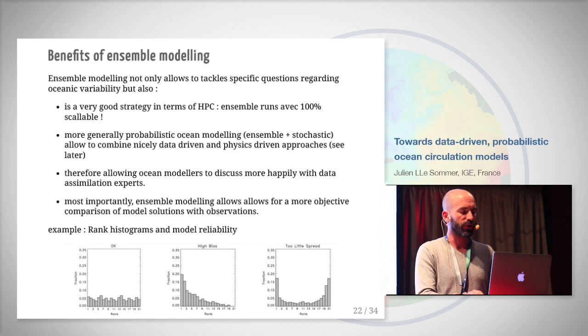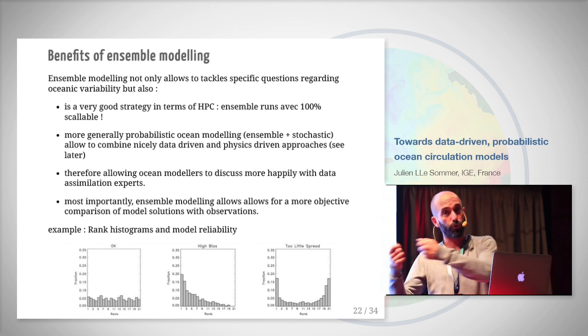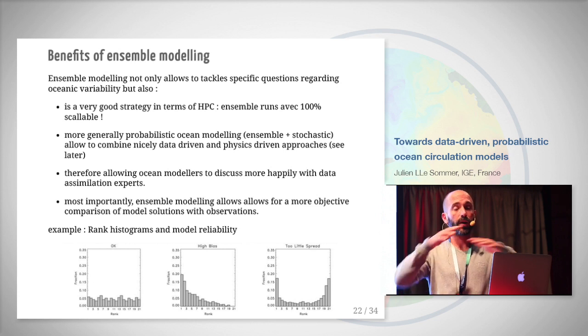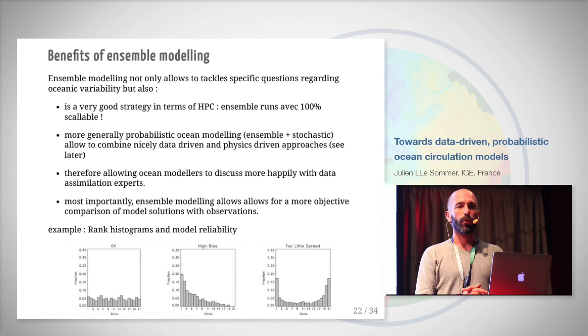Just mentioning here how rank histograms can help you measure to what extent the distribution of your possible states, as described by your observations or as described by your model, fit. And if you cannot distinguish the two, then it means that your ensemble is reliable. There are heaps of measures there, and I'm sure that you know that much better than me because I'm just an ocean modeler.